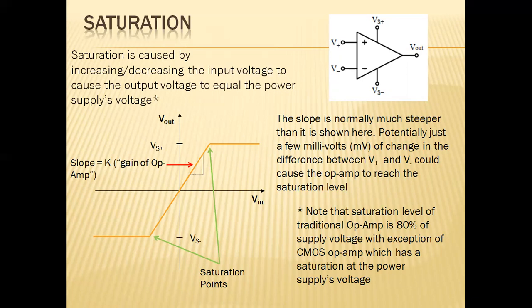Practically, the operational amplifier generates the voltage output in the positive region and the negative region. We will verify this with a diagram. Saturation occurs when increasing and decreasing the input voltage generates a corresponding output voltage equal to the power supply voltage.